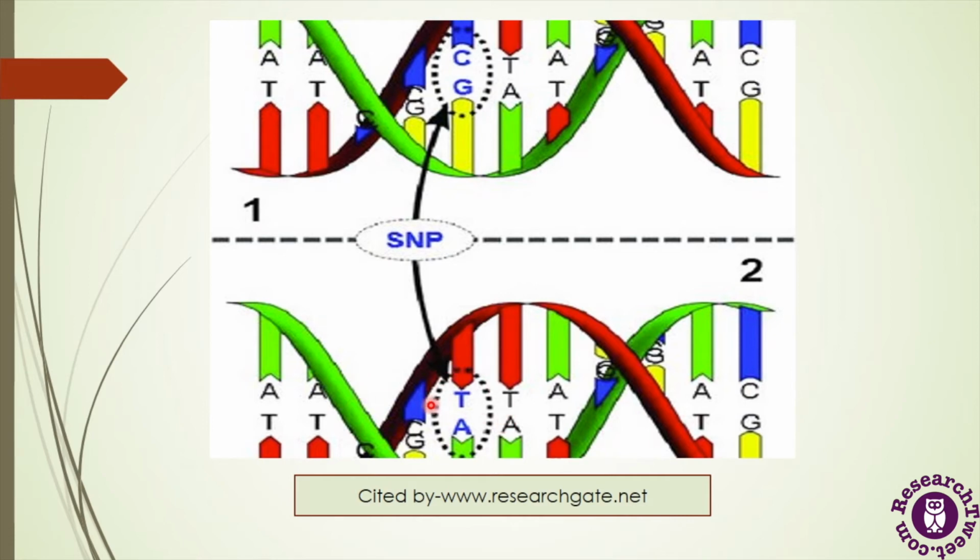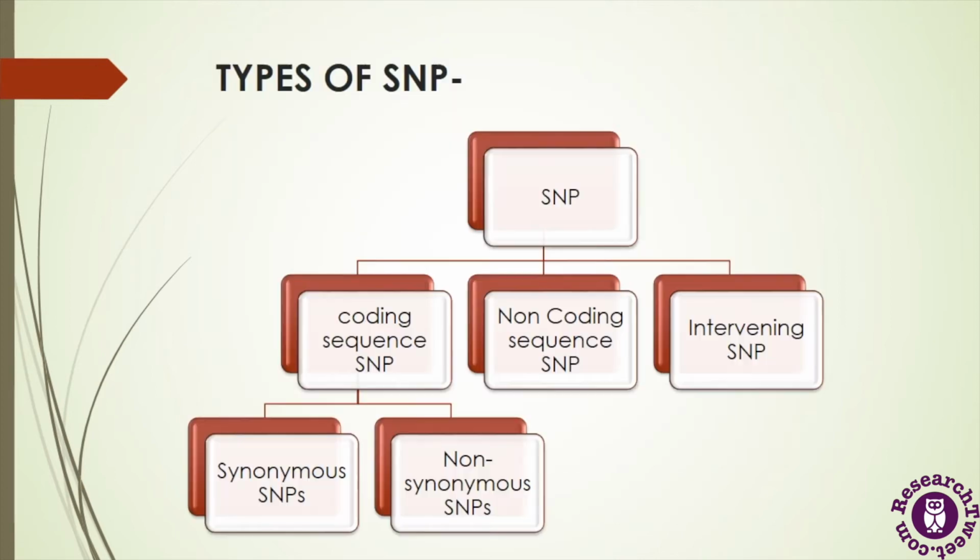So in both pictures only a single nucleotide variation occurs, and this is called single nucleotide polymorphism, because only a single nucleotide is altered due to the replacement of nucleotides.